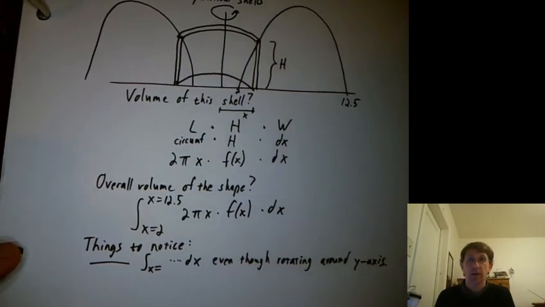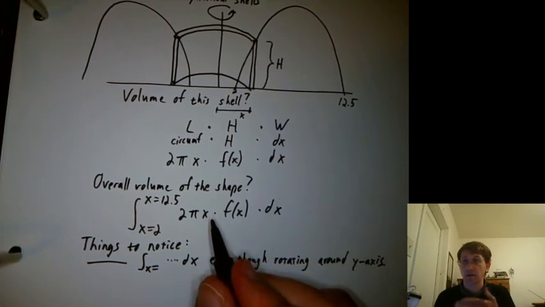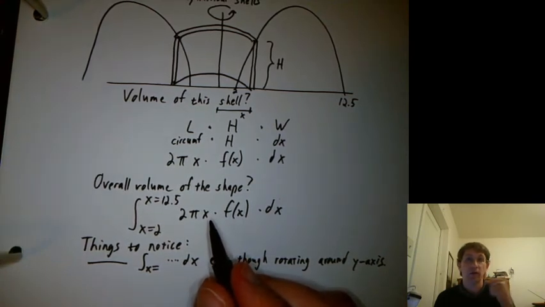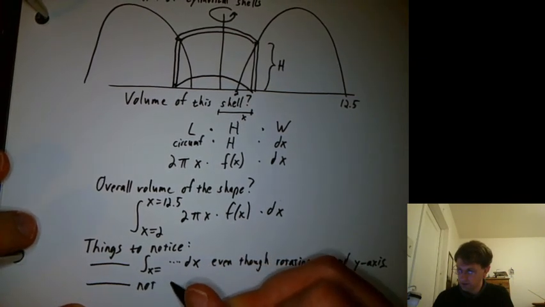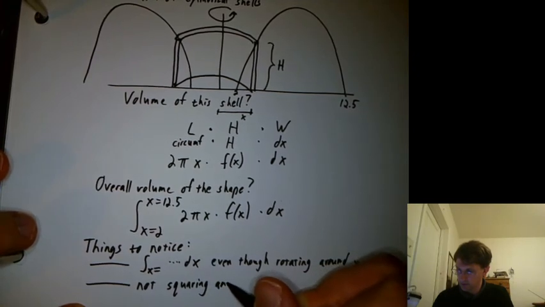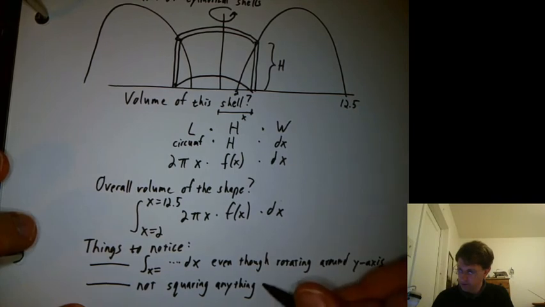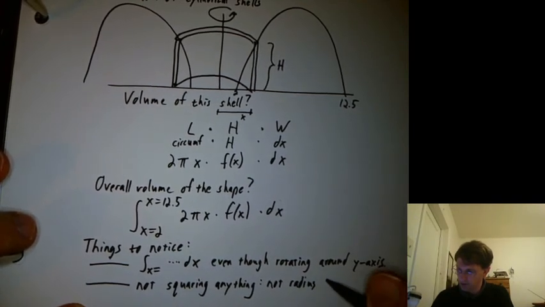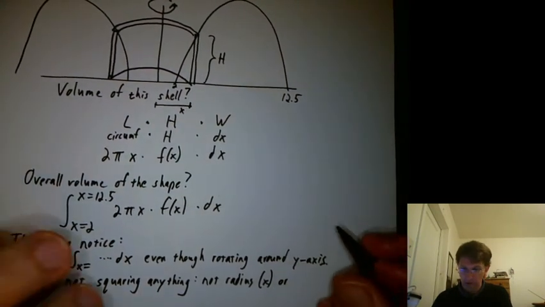Another thing to notice, we're not squaring anything. X here is the radius, but we're not squaring it. We're using it to find the circumference rather than the area, so not the radius, which is x, or f of x, which is the height.